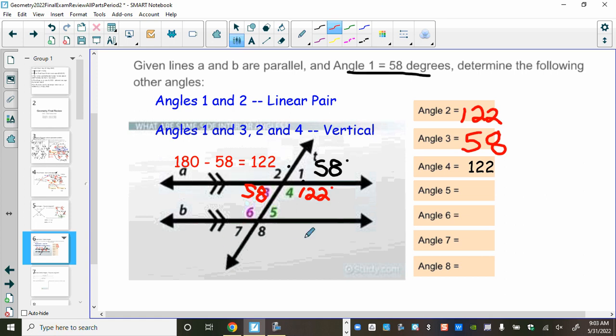Now 5, 6, 7, 8. Can anybody figure out what the relationship is between angle 5 and either angle 3 or angle 1?